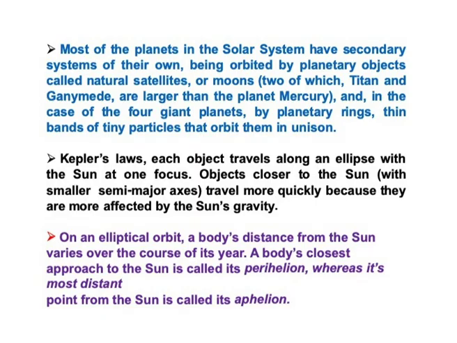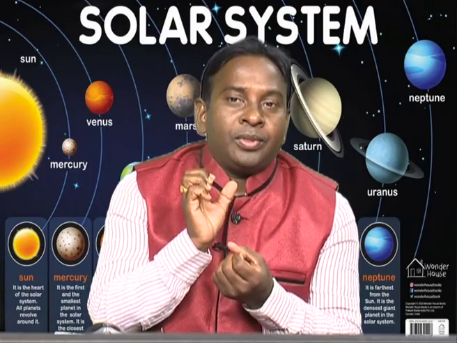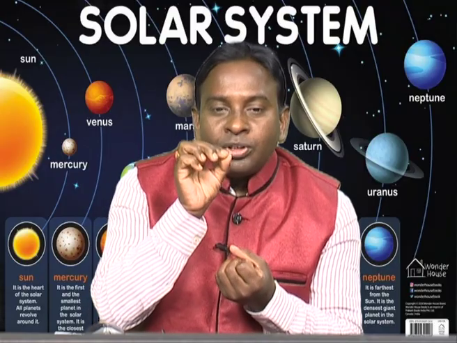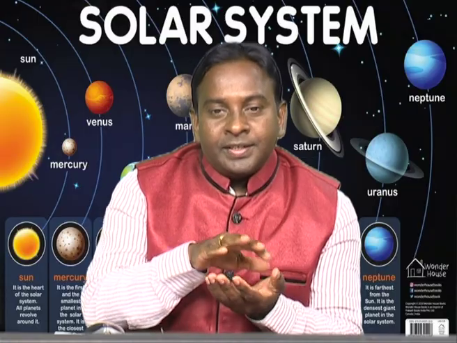So, here there are two terms, listen carefully. The first one is perihelion. In perihelion, the object is approaching very close to the sun, and that is called perihelion.